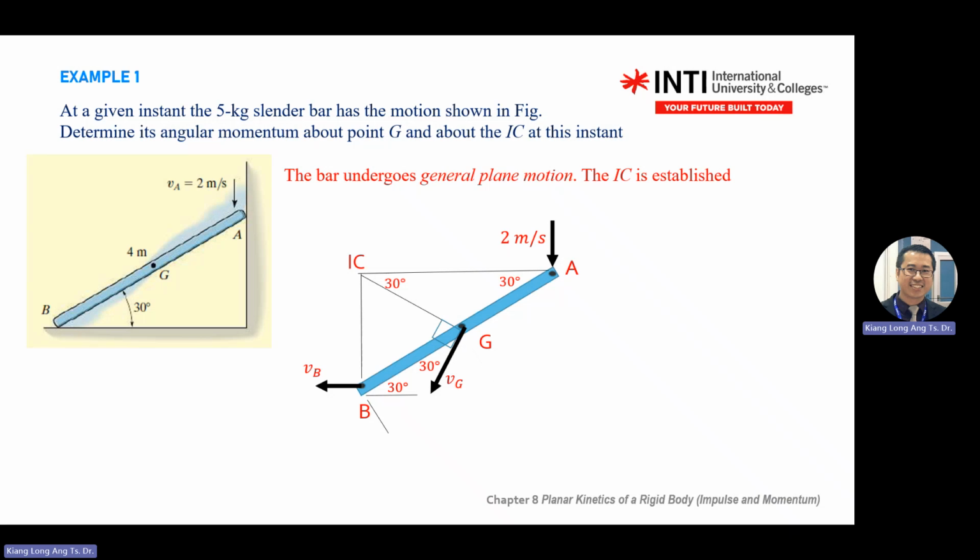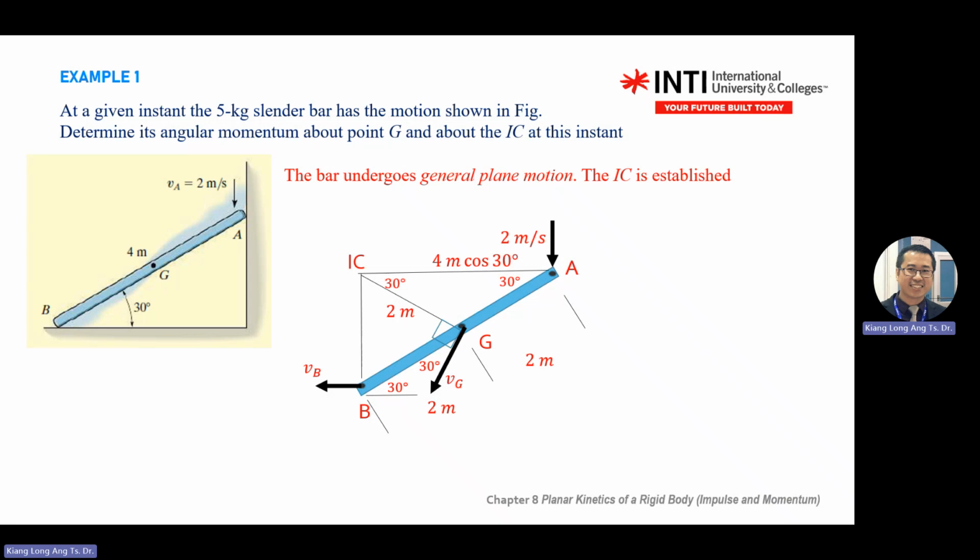Then you mark B, you mark G, then the distance BG is 2 meter, AG is 2 meter. You can calculate. So this is 4.